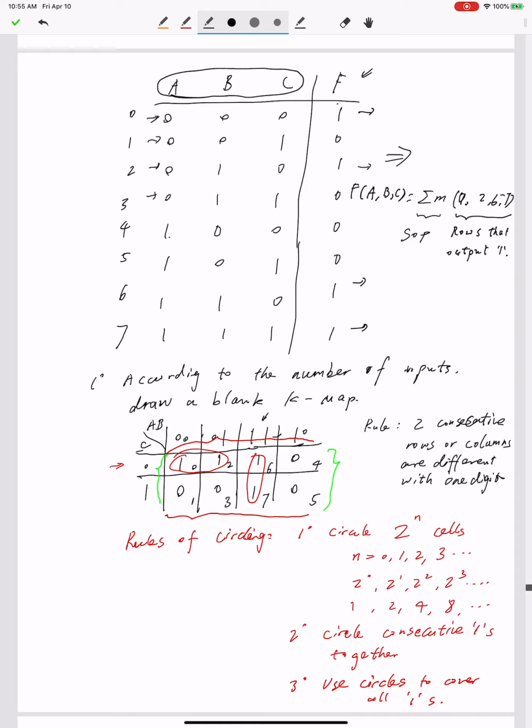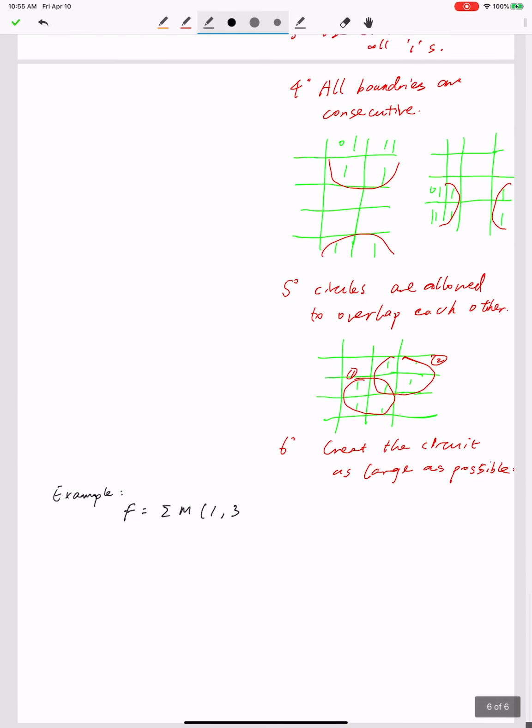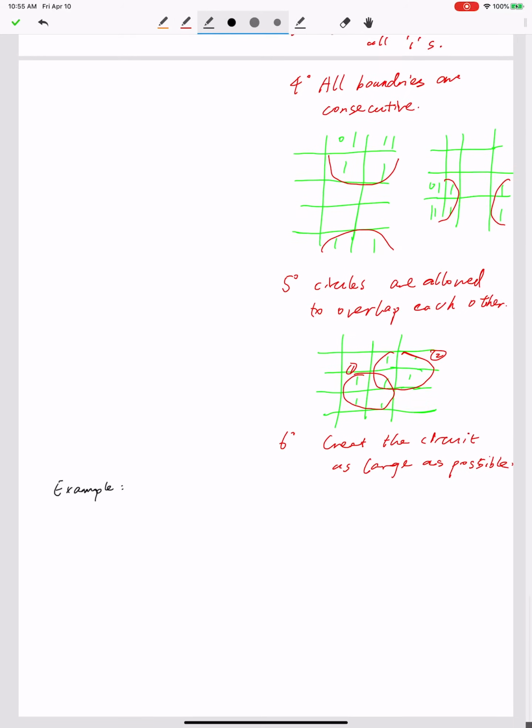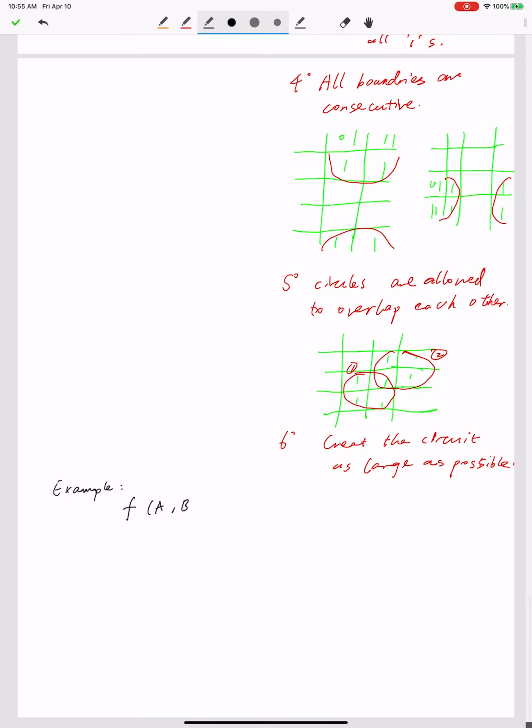Inside these parentheses, F(A, B, C) means in this expression we have 3 inputs. And in this example, I'm going to show you how to handle 4 inputs. Here F(A, B, C, D), we have 4 inputs, and the sum of product is 1, 3, 4, 5, 7, 10, 12, and 13.